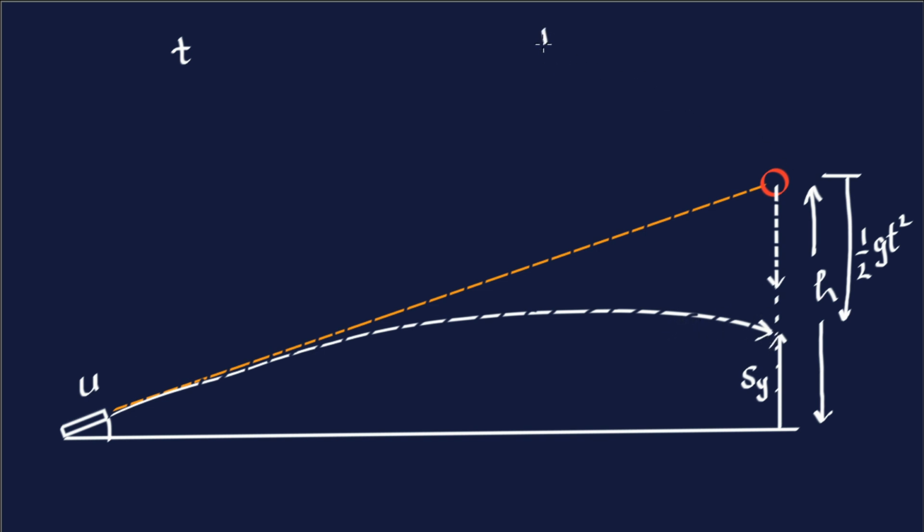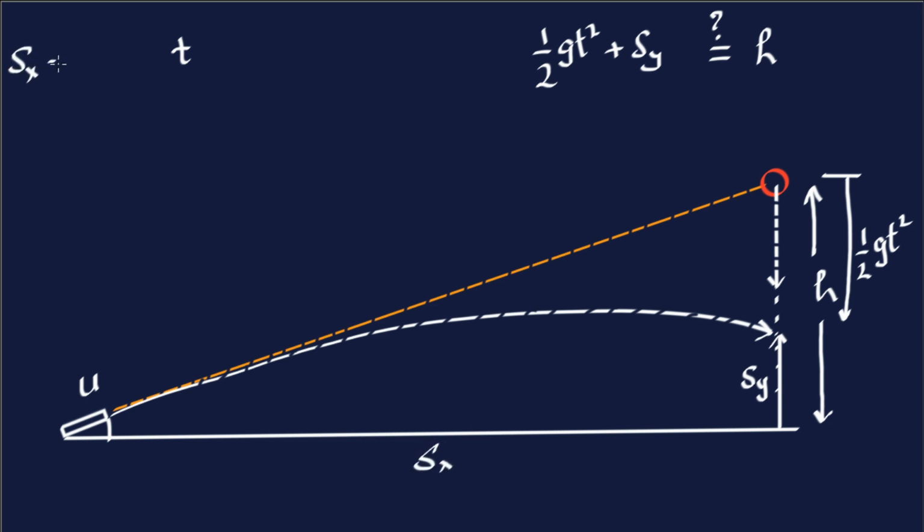So we need to show that half gt squared plus sy is equal to h. So I'll put a question mark here. Is this equal to h? This is what we need to prove. So in time t, what is the horizontal displacement covered by the bullet? We'll call it sx.